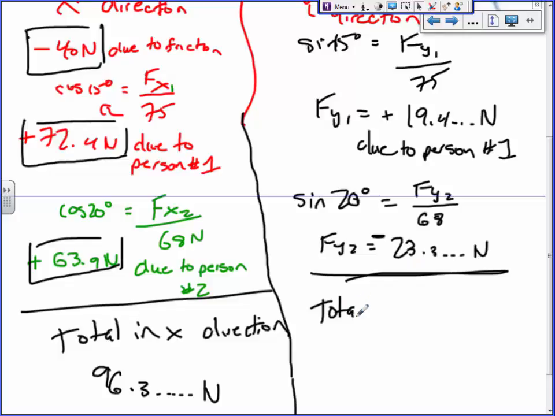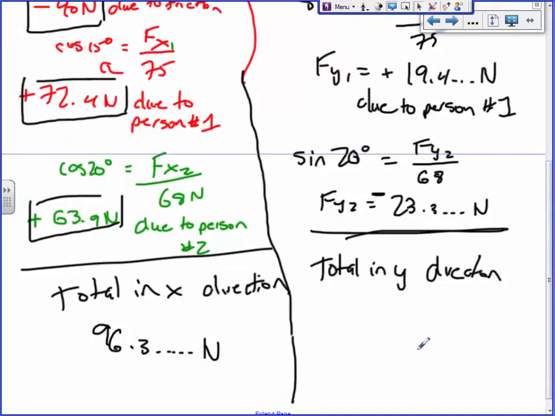So the total in the y direction, it's got to be about 4 newtons. It doesn't matter, we'll throw a negative on it, but what'd you get? 3.8, okay. It really doesn't matter whether you make it positive or negative here. I would make it negative, so long as you recognize that we've chosen negative as the downward direction.